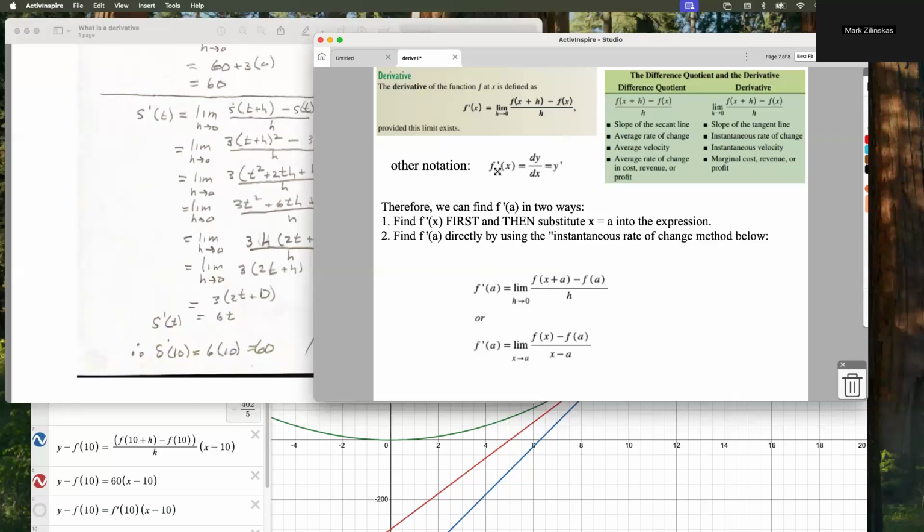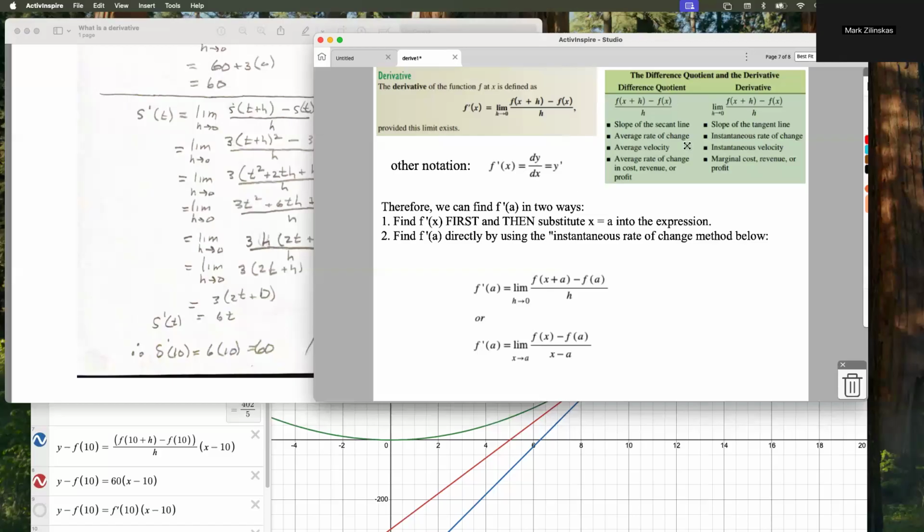There are different ways of expressing the derivative, just like we have functions. We can have a function y equals an expression in x, or f of x. So when we have f of x, we'll use f prime of x. When we have y equals, let's say, y equals x squared, we express the derivative as dy/dx or y prime, either way. Okay, so these are just three different ways notationally of expressing a derivative.